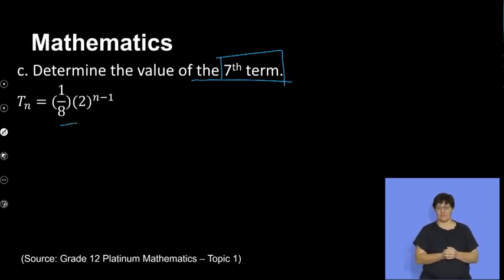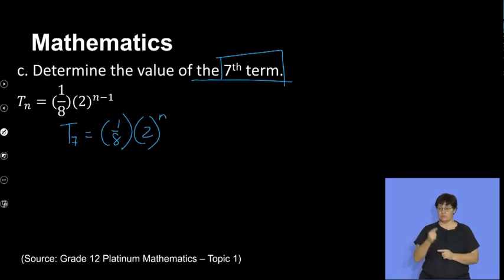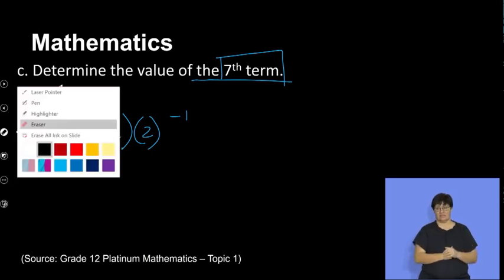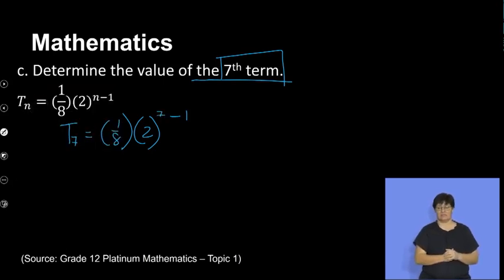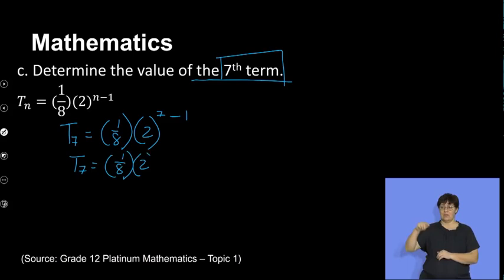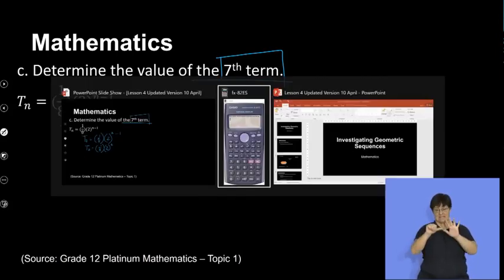So I'm substituting in 7 for n. So I'm going to have an 8th times 2 to the power of n minus 1. But please remember, I am substituting in n with 7. So I'm going to have that T7 is going to be equal to an 8th times 2 to the power of 6. Let us pop that into our calculator.